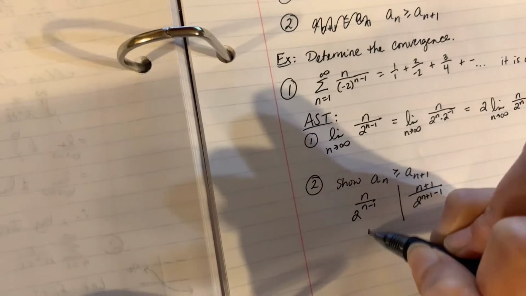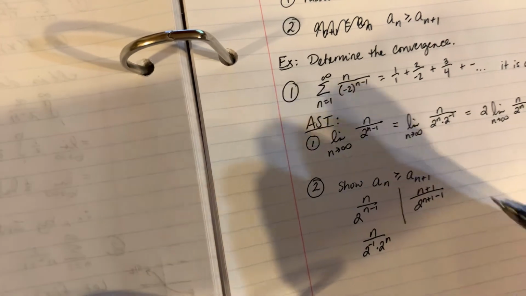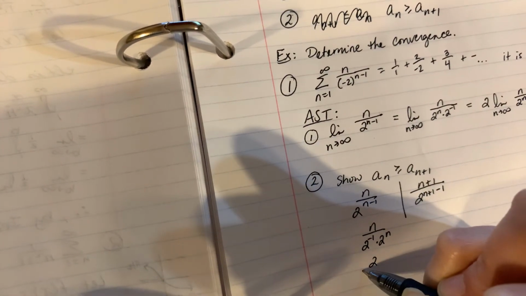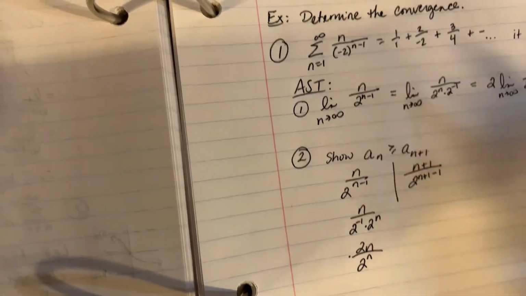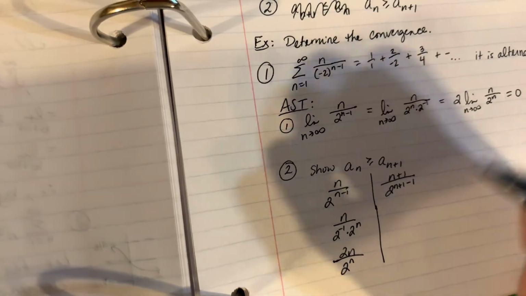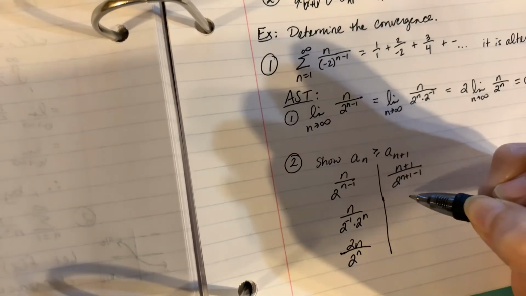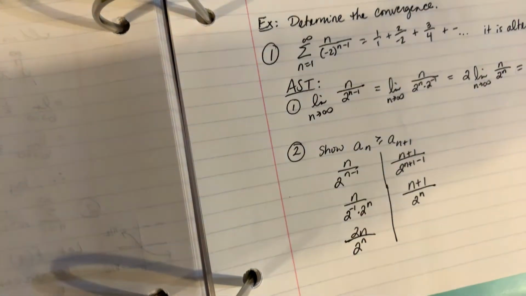So this is n over 2 to the negative 1 times 2 to the n, so that's 2n over 2 to the n. And this side is (n+1) over 2 to the n.